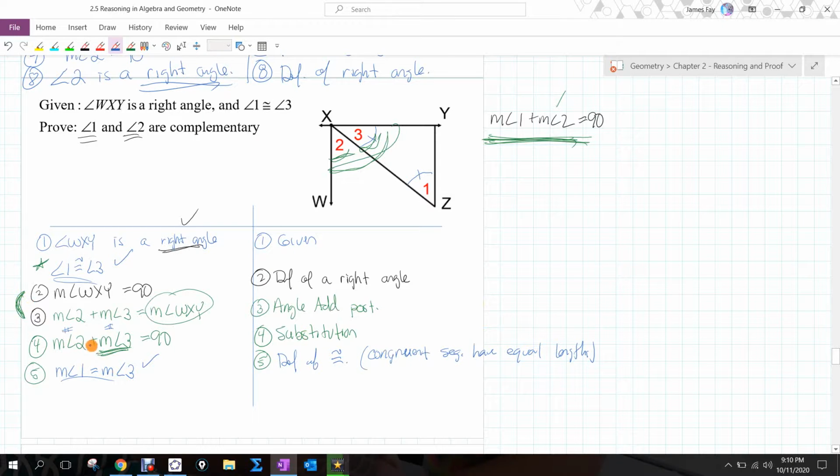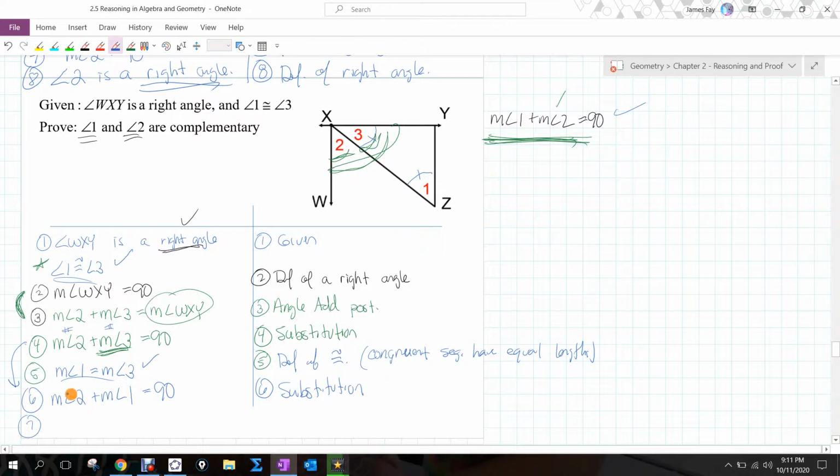But now it allows me to say, okay, wherever I see 3, I can replace it with 1. So I'm going to rewrite step 4 as step 6, but wherever I see 3, I'm going to replace it with measure of angle 1. Replacing something with what it's equal to is substitution. And now I see 2 plus 1 equals 90. That's what we wanted.